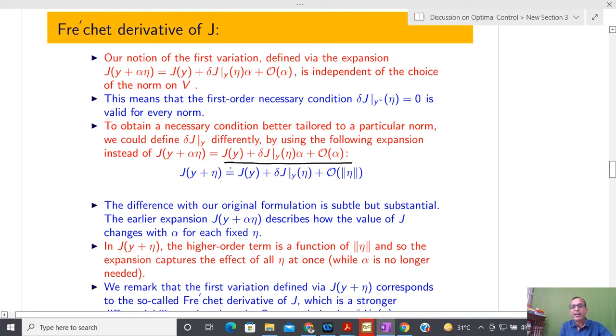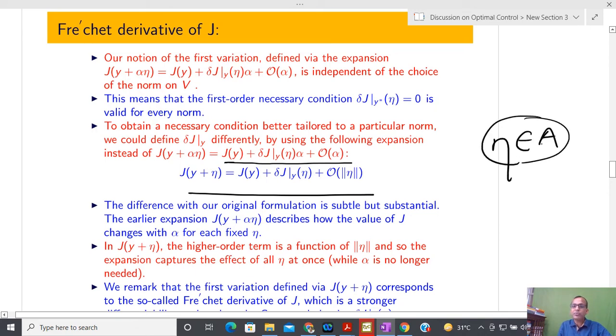And what the Frechet derivative is telling, that y plus alpha n, now I can define like this. So instead of this, now you can see I have this kind of definition. Here I am not going to consider alpha, I am going to consider the general eta. So for all eta belonging to A, now this kind of approximation is valid.